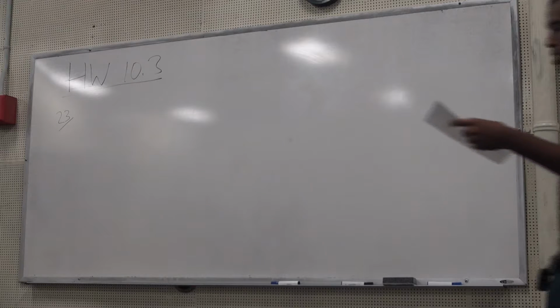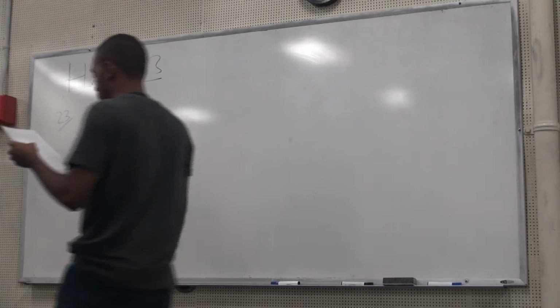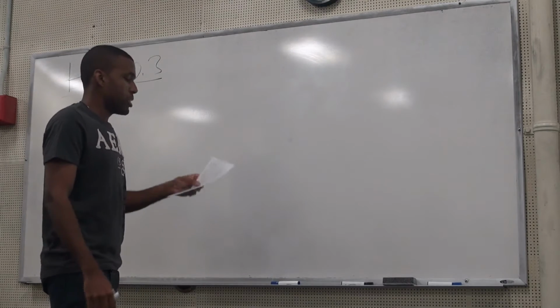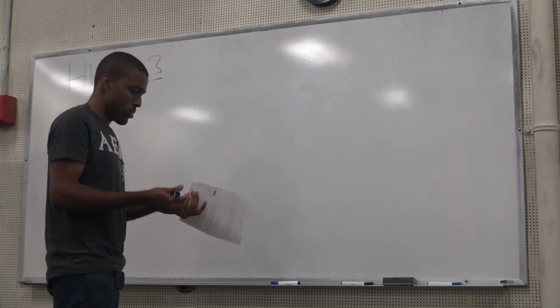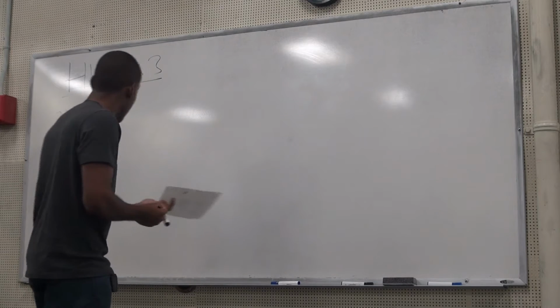Find a unit vector that is orthogonal to both i plus j and i plus k. With 10.4, that's actually pretty easy, but with 10.3, we don't know about cross products yet.